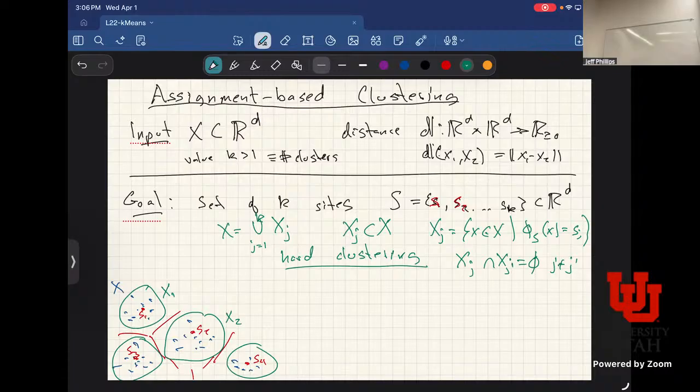I'm doing a decomposition of the points into these clusters. Every point is in exactly one cluster. If I do a soft clustering, which we'll talk about next week, then I will get to relax this constraint a little bit, and we'll see the most common way to do that.